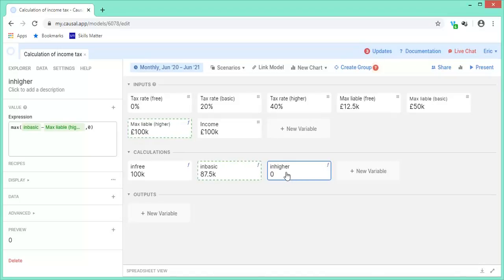In this case, nothing will be considered for the higher band because obviously they're not entering the higher band.